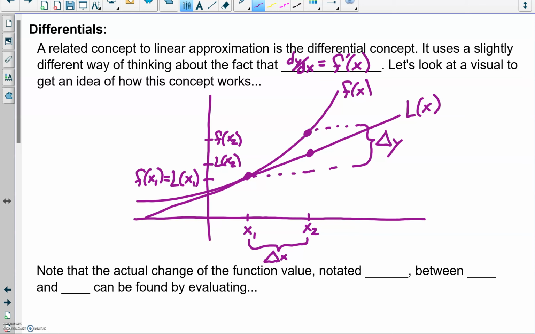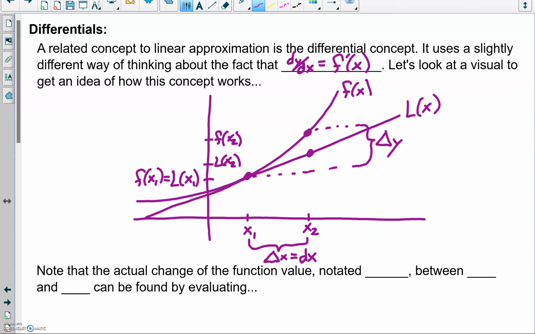slope, and thinking about the dy dx now as, in a sense, a differential, a derivative-based change, we could say that the change in the x's, well, there's no difference between the delta x and the dx. If I change the same amount, whether it was on the original function or the L of x, the x's change the same.